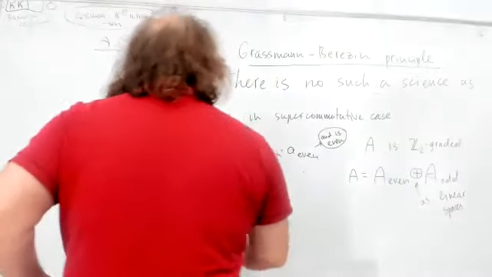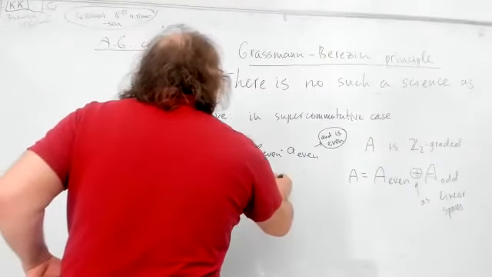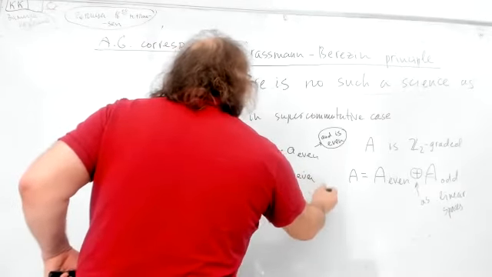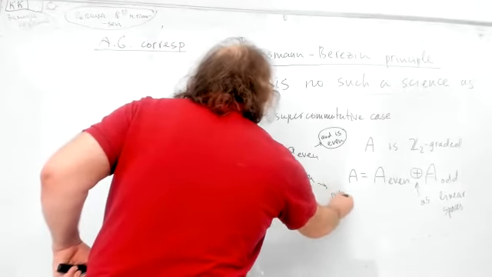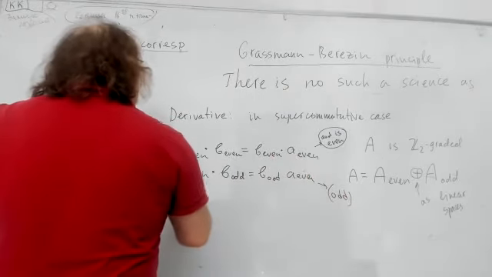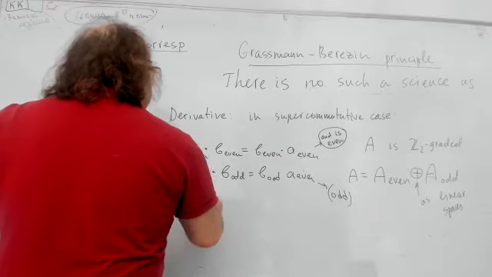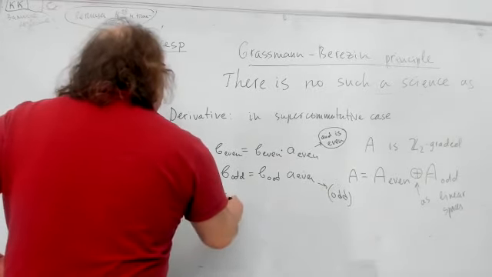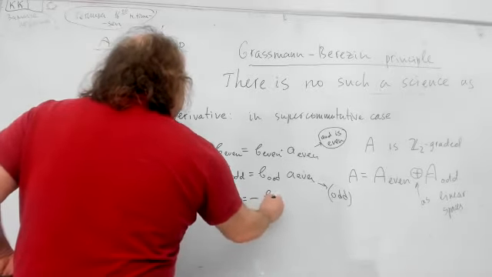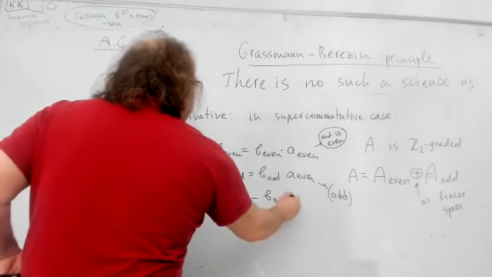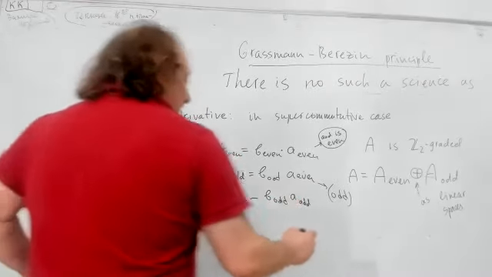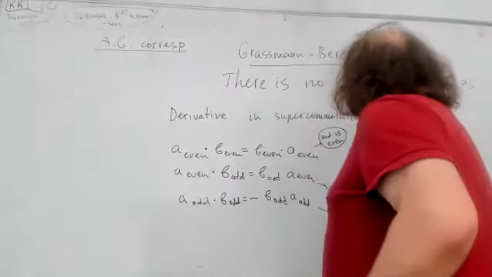A even times B odd is B odd A even, and this is odd. And A odd times B odd equals minus B odd A odd, and this element is even.